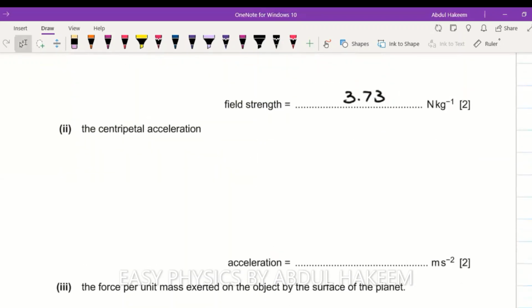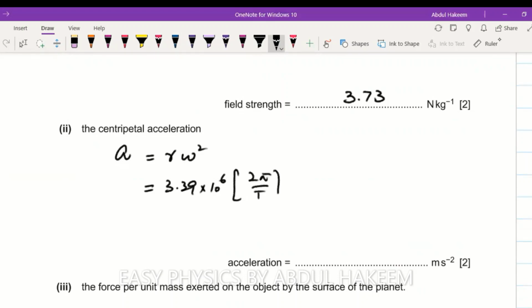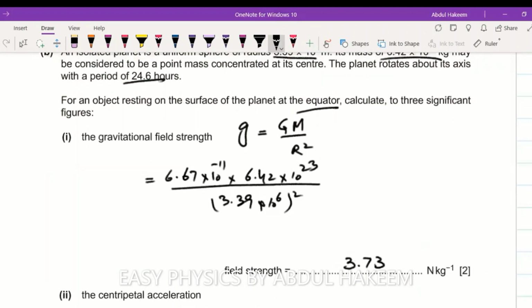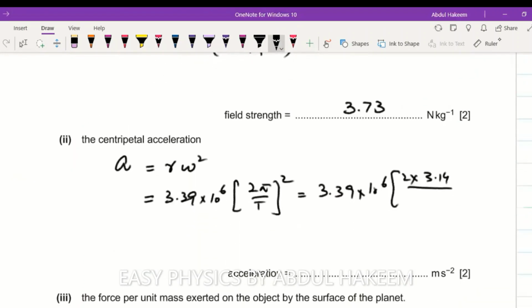Now the next is centripetal force, centripetal acceleration, sorry. The acceleration is equal to r omega squared, where r is the radius, which is given, 3.39 times 10 power 6, and omega is 2 pi over the time period, squared. So it will be 3.39 times 10 power 6 times 3.14 times 2 divided by the period, which is given in hours, 24.6, so 24.6 times 3600, and the whole squared.